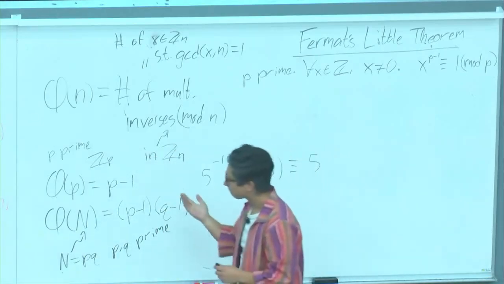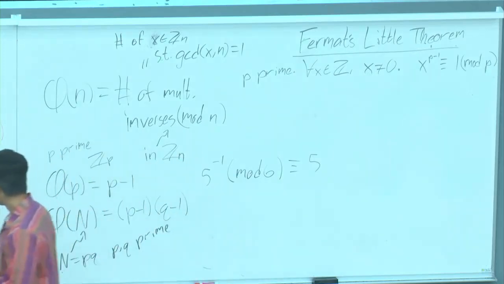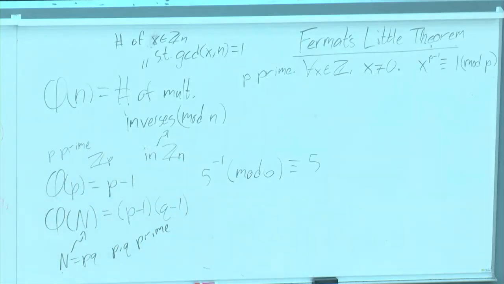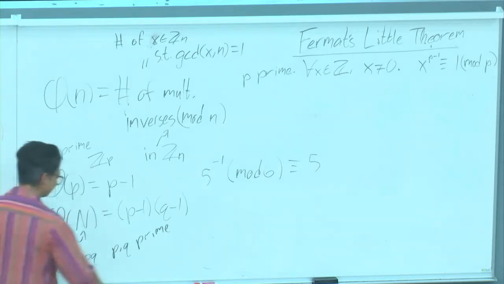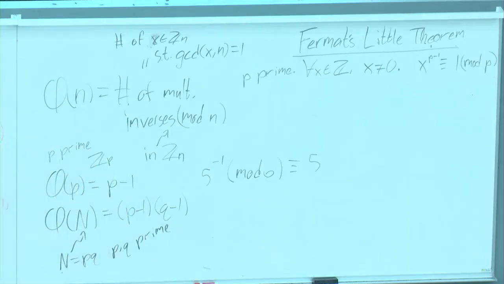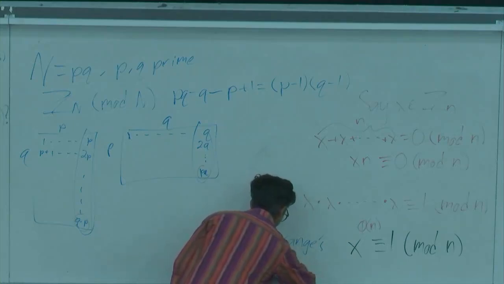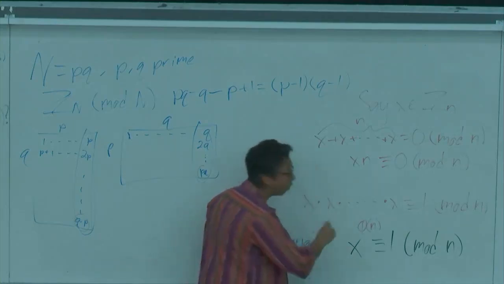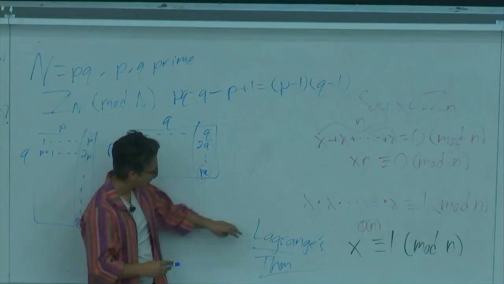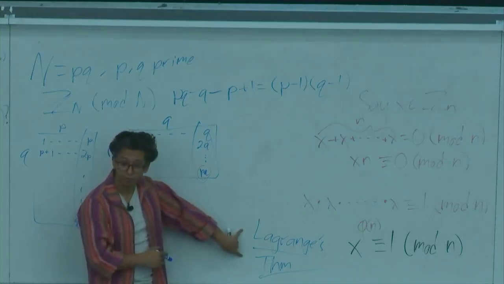So all this is saying is, I'll give a name for this too. This is Lagrange's theorem. We won't be proving this. The way this is phrased is group theory.